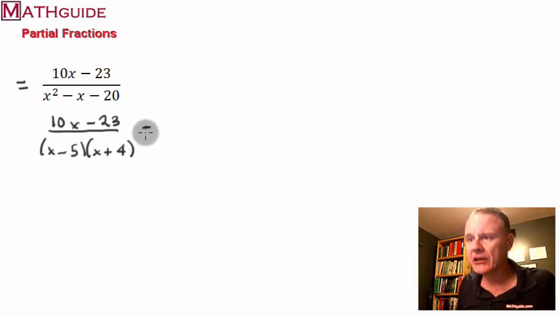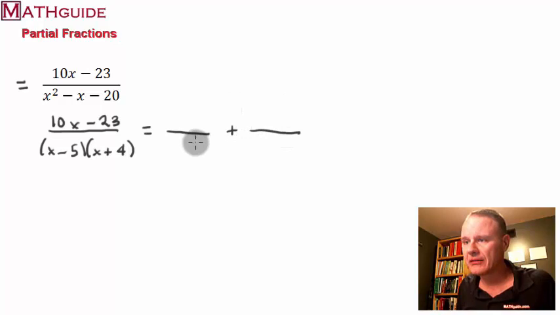Now, when we start the first step, which is to break this down into a series of smaller fractions, what I mean by that is we have these linear factors here in the denominator, and when we separate this into a sum of two rational expressions, otherwise known as fractions, I'm going to take each of those factors and create a different rational expression, and I'm going to find the sum of those.